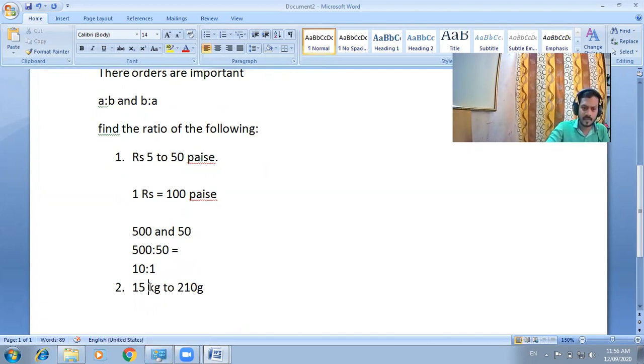Here 15 is in kg and the second one is in gram. So convert into the same unit. How can we convert? We know that 1 kg equals 1000 gram.